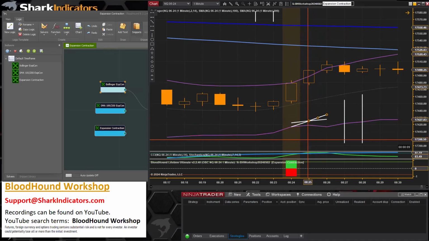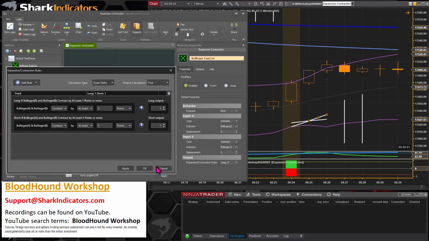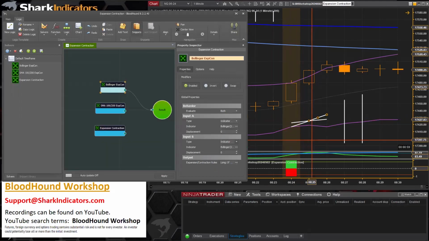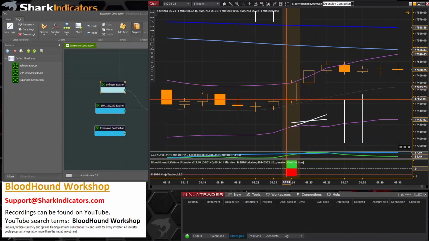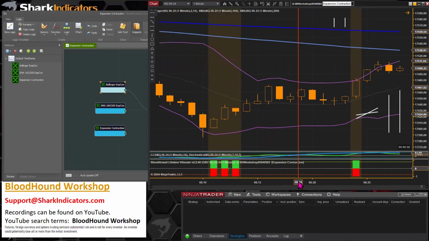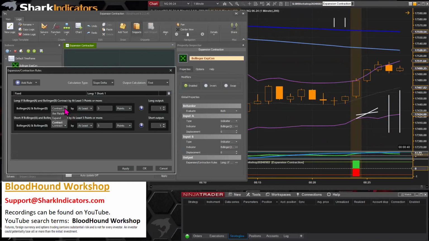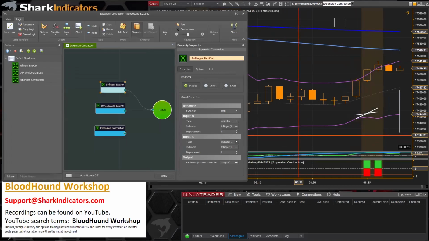So that actually wasn't a great example. Let's see here. Slope. Actually that's not a good example because I only have 1 bar of expanding. Oh, that's because it's set to contraction. So yeah, it actually was contracting. Let's put that back to expanding.